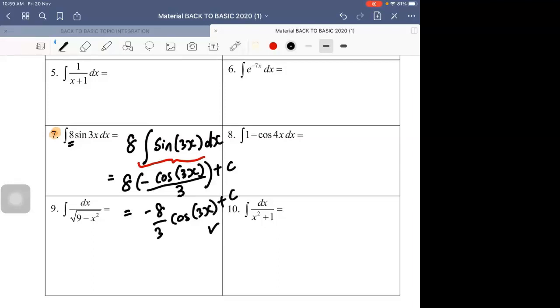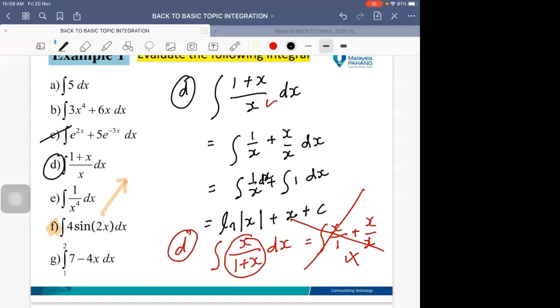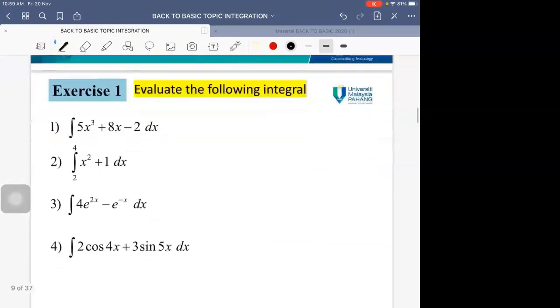Okay, I believe that is enough for the basic part. Can you follow me so far? Good. So I leave it to you, exercise 1.